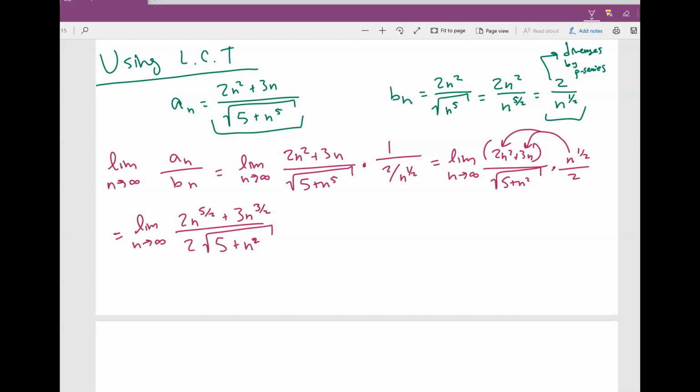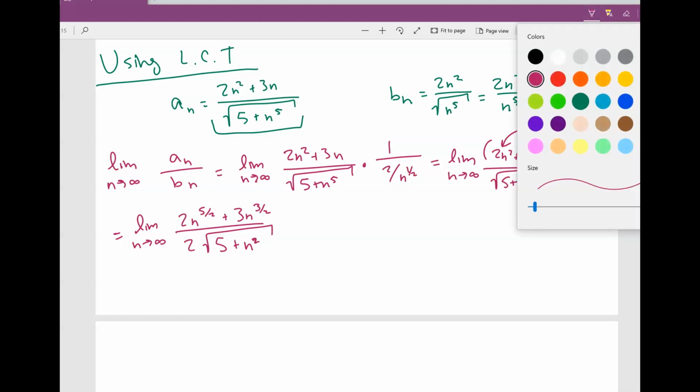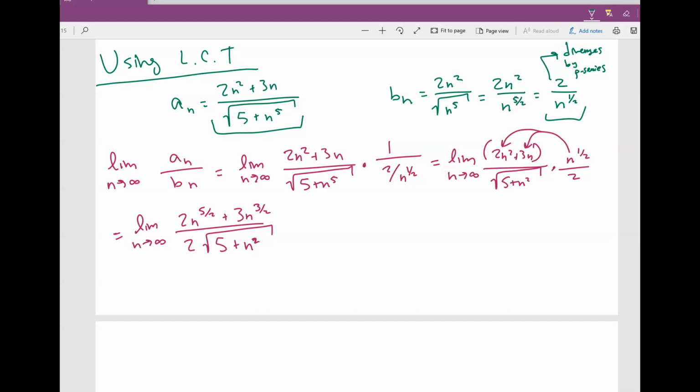Now at this point, you can either factor out the highest power, or divide by the highest power of the denominator. That's what I'm going to do. Wait a minute, there should be a 5 here, and there should be a 5 here.